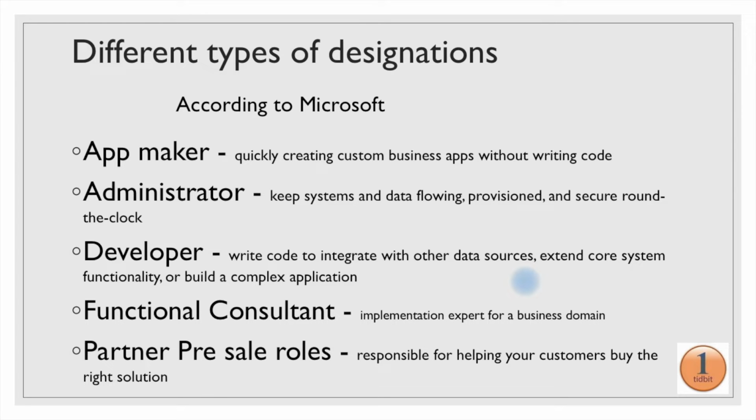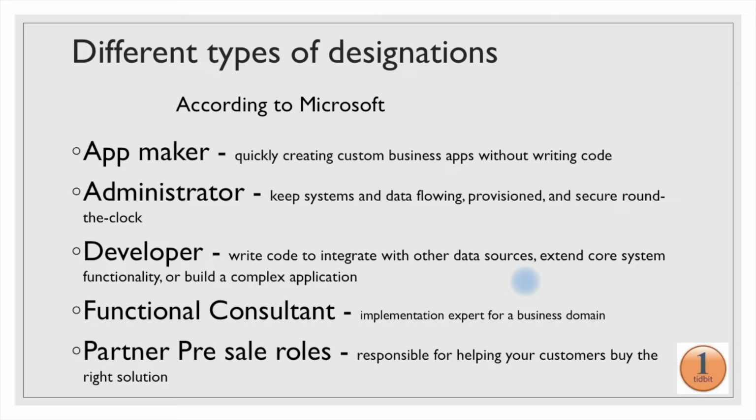One more thing I want to say is that Microsoft has given different designations for people working with Power Automate. First one is app maker. If you want to quickly create custom business apps without writing code, you can write an exam for this as an app maker and get certified with Microsoft.